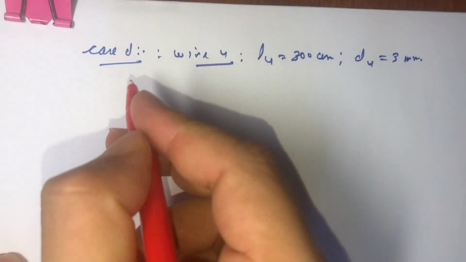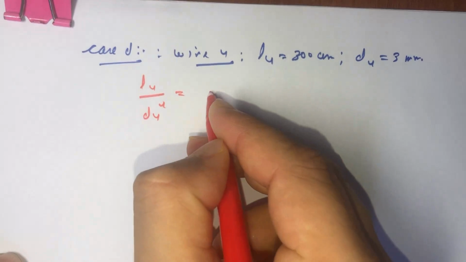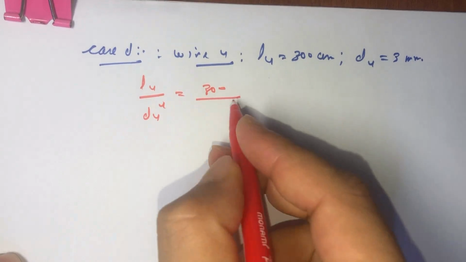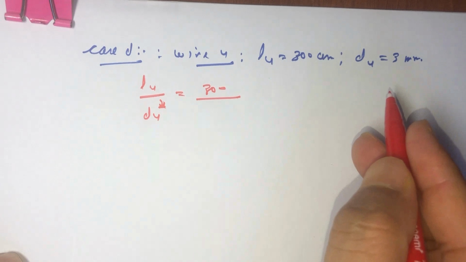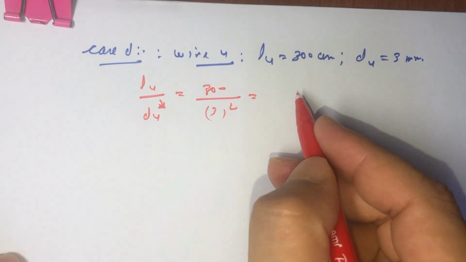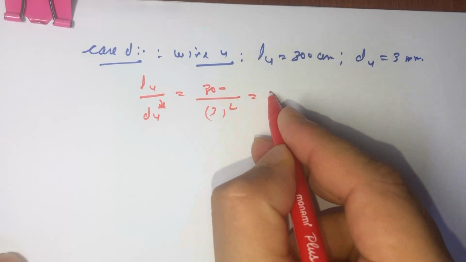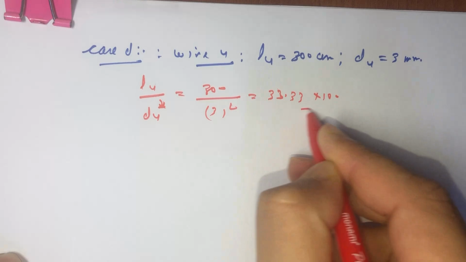Therefore ratio L4 upon D4 square is equal to 300 divided by 3 square, and this will be approximately coming as 33.33 and multiply by 100.